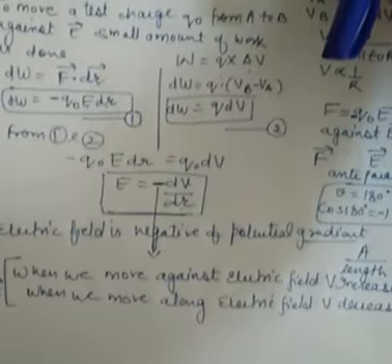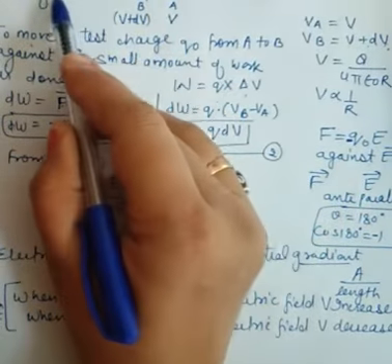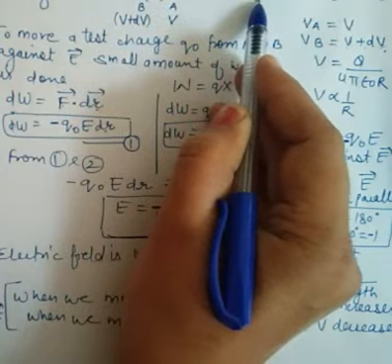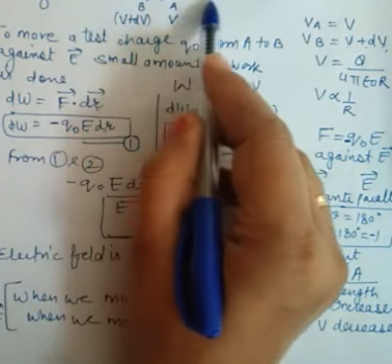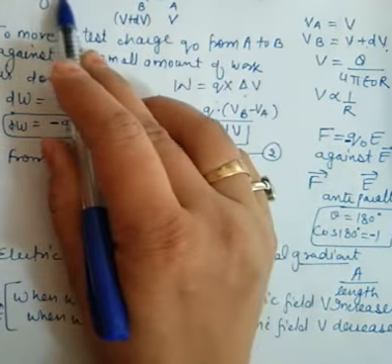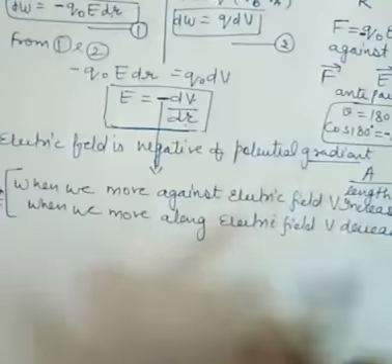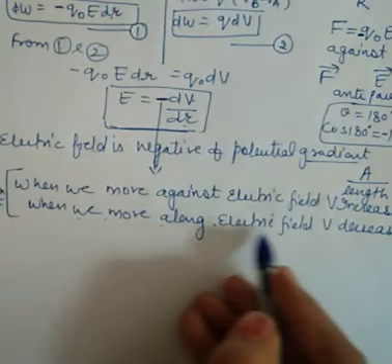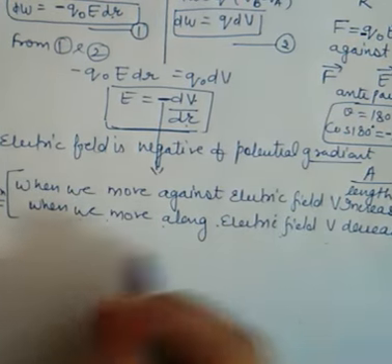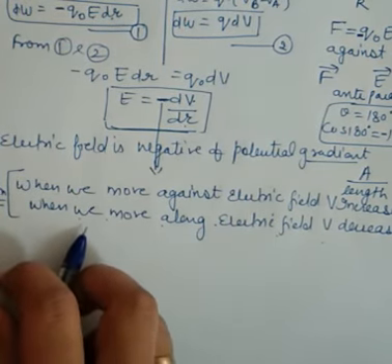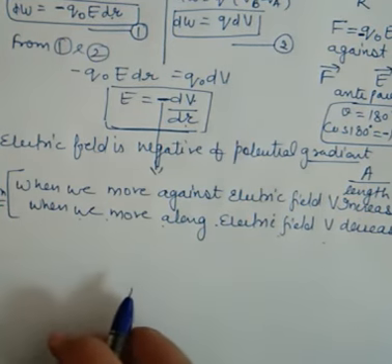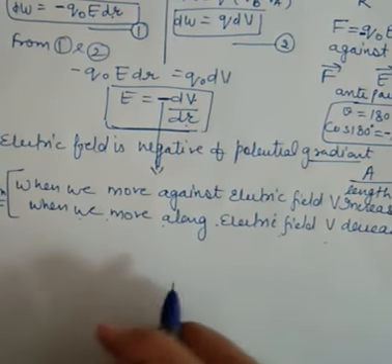I can make it clear using this. It is the direction of electric field. When you are moving along the direction of electric field, you are moving away from the charge, potential is decreasing. It means along the direction of electric field, potential decreases.